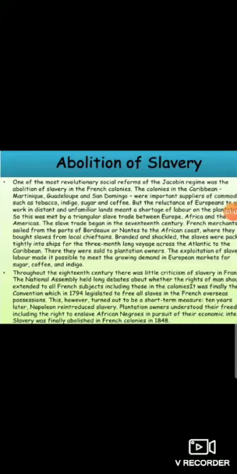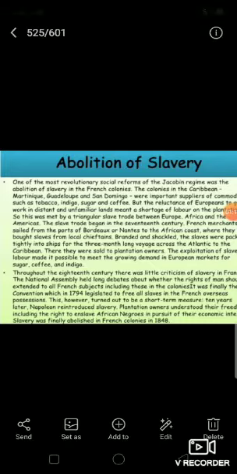But the reluctance of Europeans to go and work in distant and unfamiliar lands meant a shortage of labor on the plantations. So, this was met by a triangular slave trade between Europe, Africa, and the Americas.